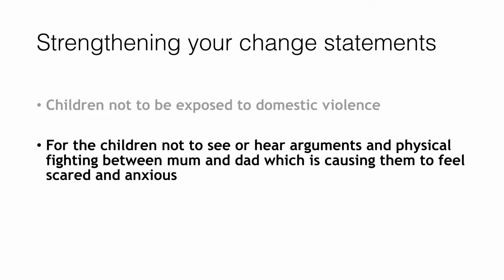It explains the impact on the children, describes the effects on the children and how they feel as a result. It is very clear about the behaviour that needs to change. It is written in an easy to understand way. I am sure this could be further improved. What would you add to strengthen it?